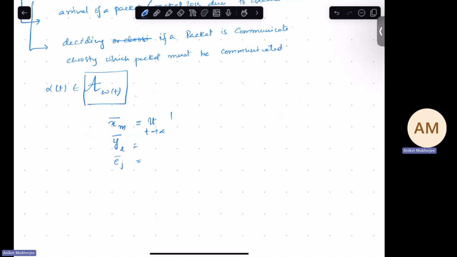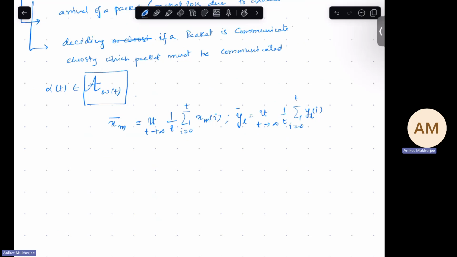Limit t tends to infinity 1 by t summation i equal to 0 to t x m i. Similarly, y l bar is limit t tends to infinity 1 by t summation i equal to 0 to t y l i, and similarly for e j bar.